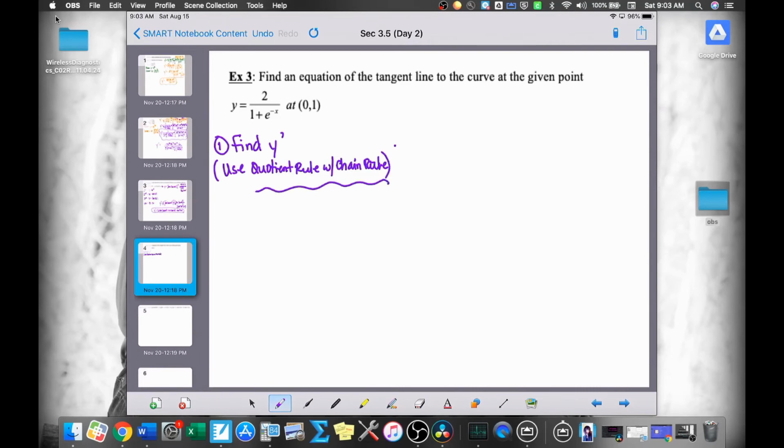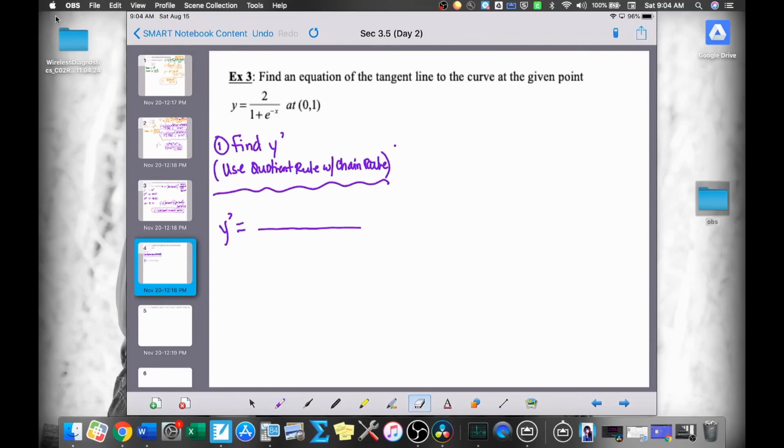All right, so in doing that, we know that y prime is going to be equal to, all right, well, in this case, we begin with the quotient rule because the outer function is the quotient. And the quotient rule is low d high minus high d low over low squared.